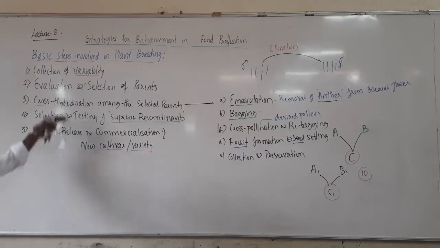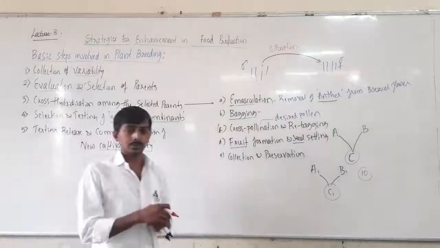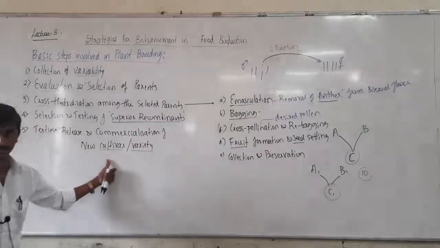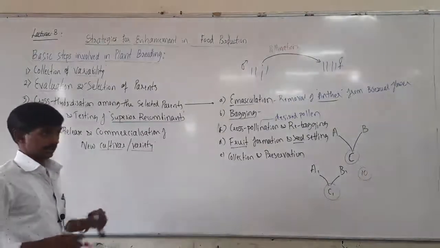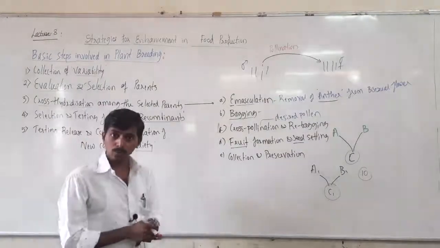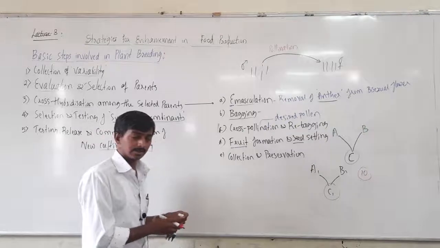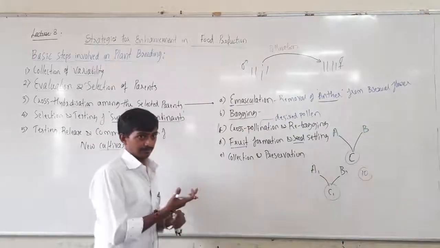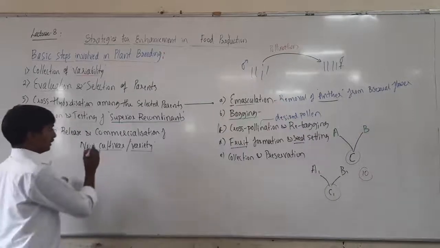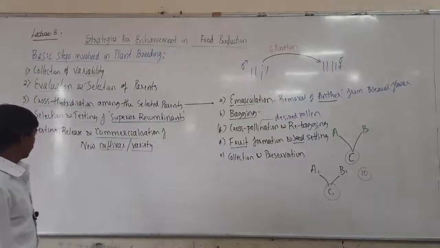By following all these steps, one high yielding variety is found, then that variety will be selected as a new cultivar, and it should be brought to the market. All the farmers should know about that variety, purchase its seed and grow that seed in their fields. Hence it must be commercialized, brought into the market.